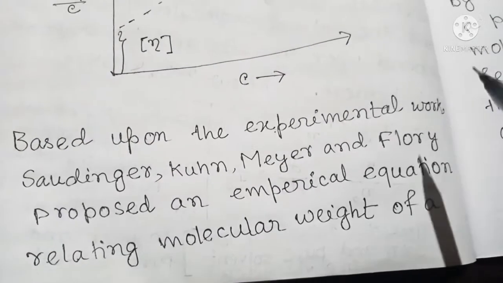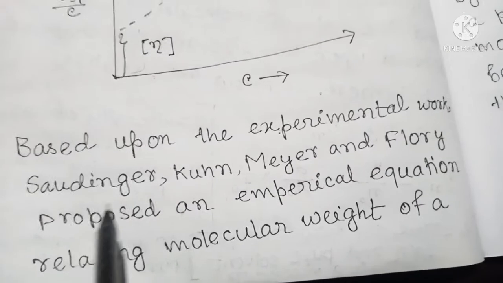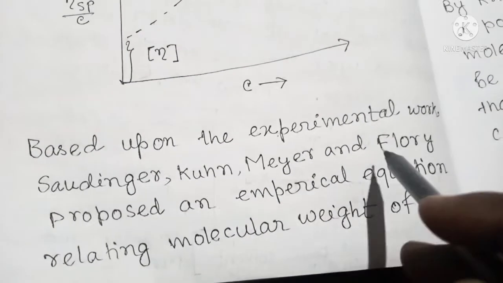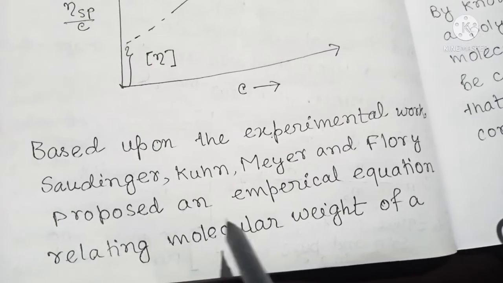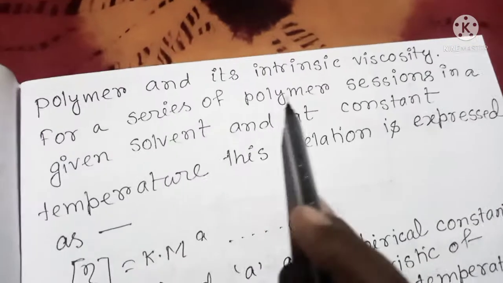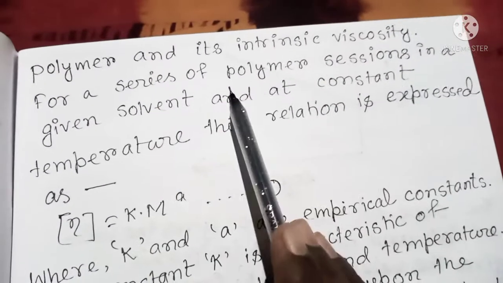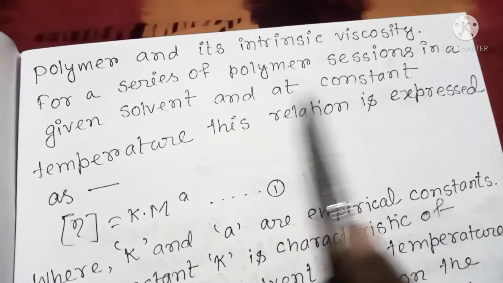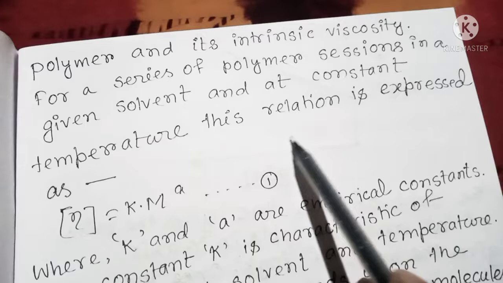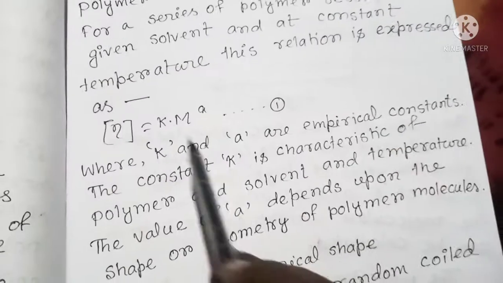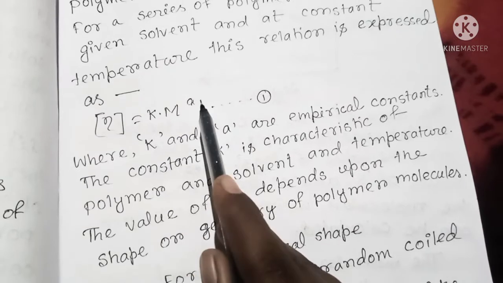Based upon experimental work, Staudinger, Kuhn, Mark and Houwink proposed an empirical equation relating molecular weight of a polymer and its intrinsic viscosity. For a series of polymer fractions in a given solvent and at constant temperature, this relation is expressed as [eta] equal to K into M to the power a.